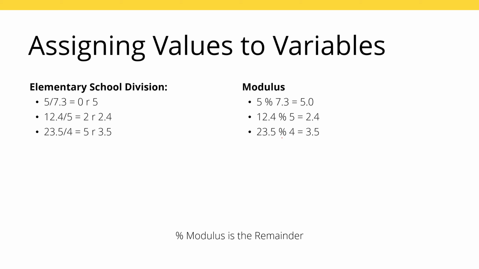The reason why is when we typically mod for APCSA applications, what we do is we try to find if a number is even or odd, or we try to find if a number is a multiple of another number. That's typically what we're limited to in terms of applying modulus. But I did just want to show you that it is possible to mod with decimal values.